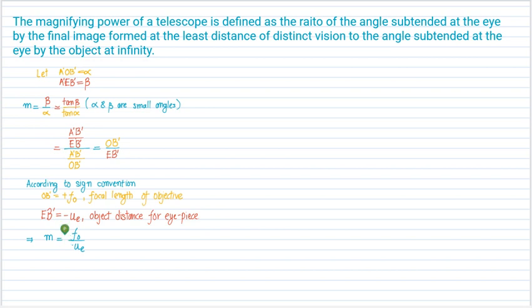So this represents the magnifying power for your astronomical telescope when the final image is formed at infinity. Let me put this in a box.